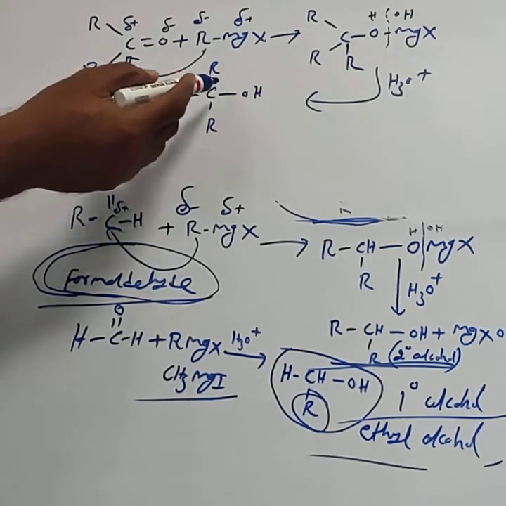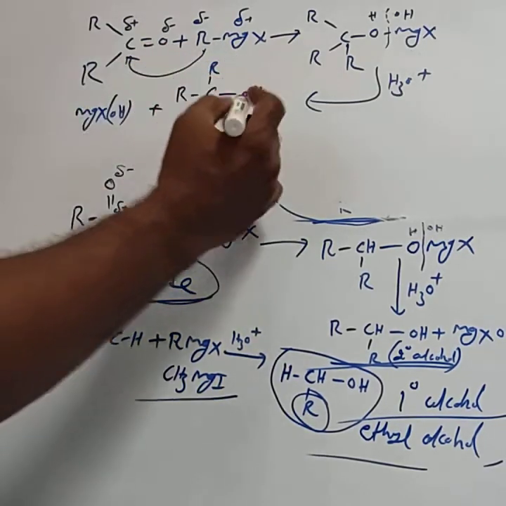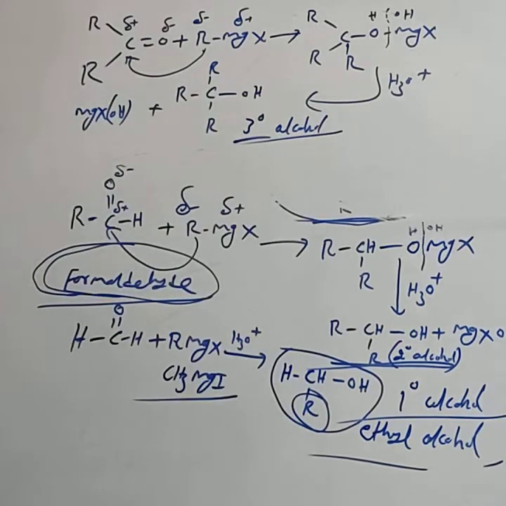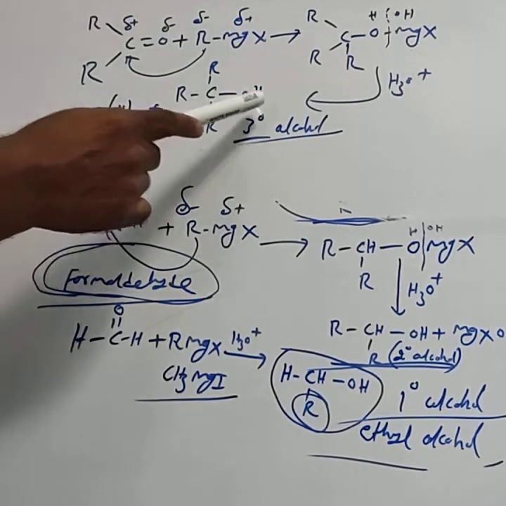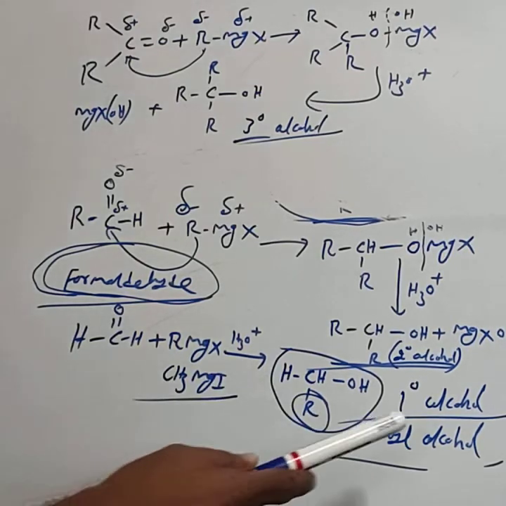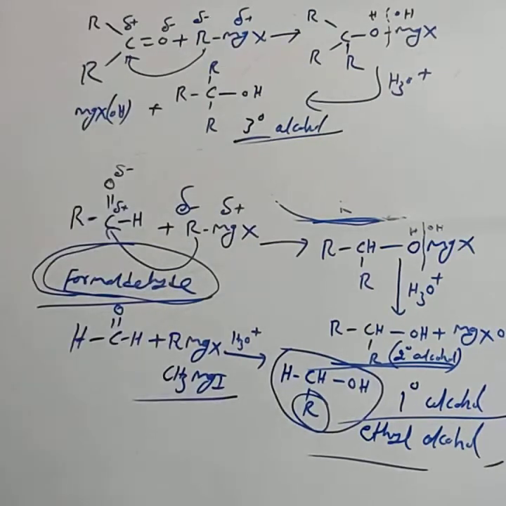Can you guess the name of this product? It is a tertiary alcohol. Ketones react with Grignard reagent followed by acid hydrolysis to form tertiary alcohols. We can prepare primary, secondary as well as tertiary alcohols.